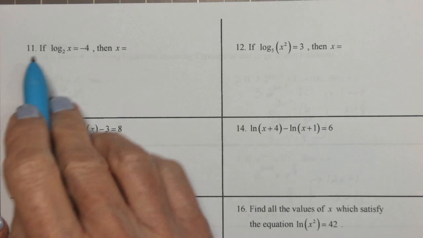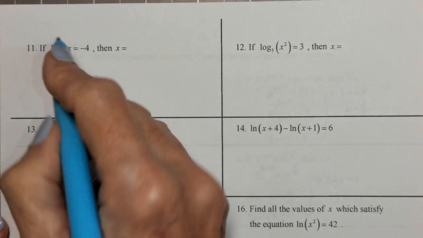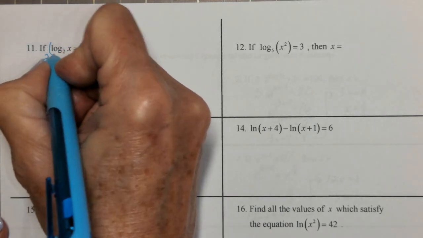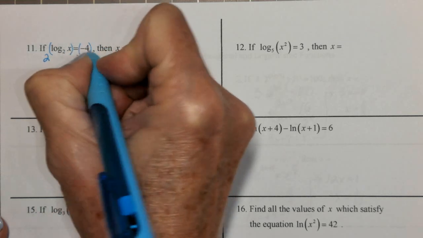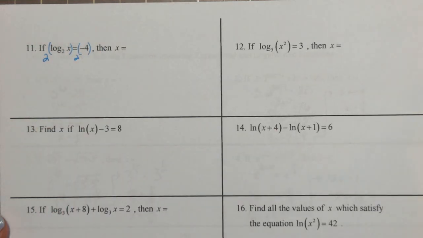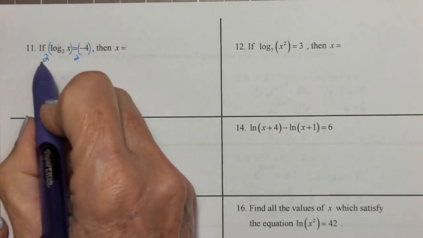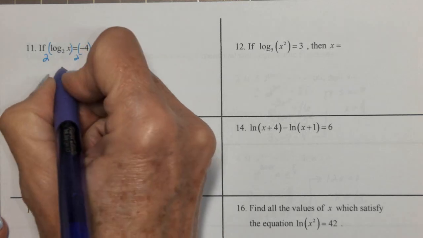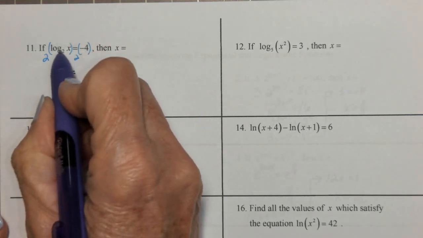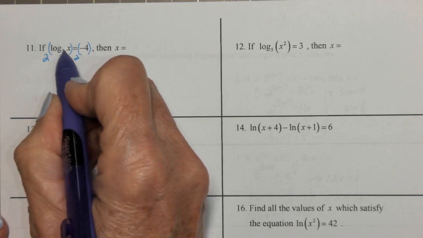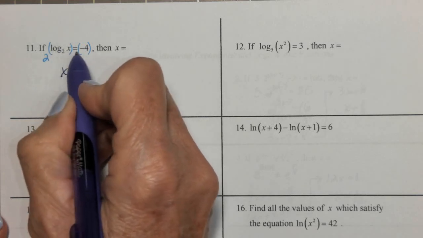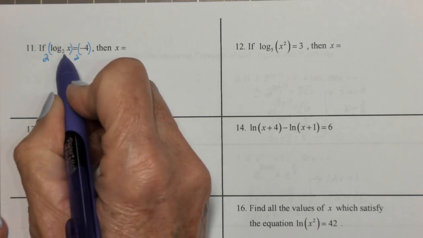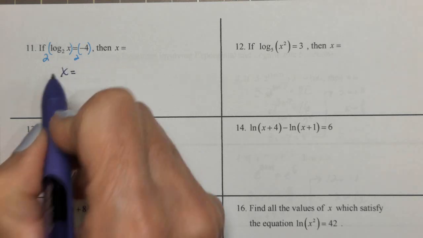When I see log base 2 of x, I take 2 to both sides. That way, I get just the x over here because 2 to the log base 2 of an argument, since they're inverses, we get back the argument every time.